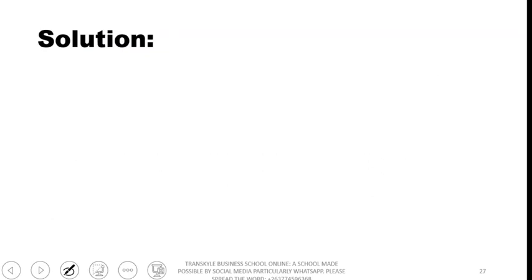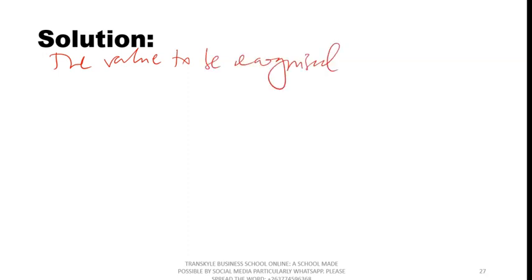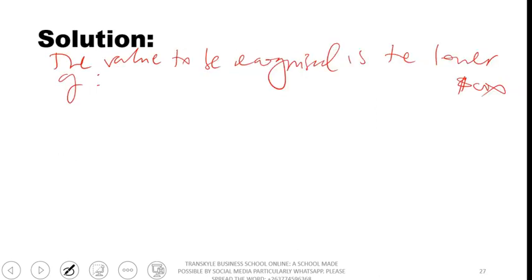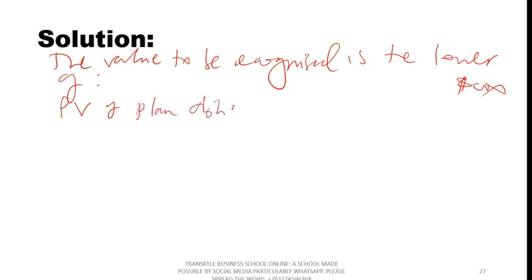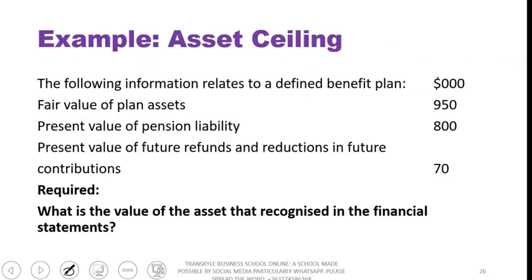All right. So we just have to come to our drawing board and say the value to be recognized is the lower of, remember our figures are in thousands, the present value of plan obligation.